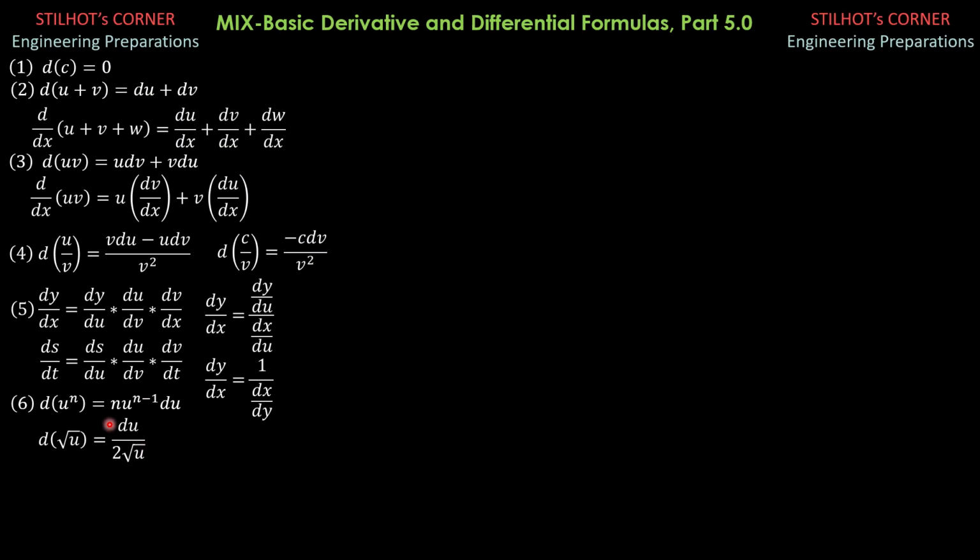You may not memorize this, but you can easily remember it because it appears most of the time, especially in applications. We just apply the power formula to arrive at that formula. So the differential of constant times u to the n is constant times n u to the n minus 1 du.